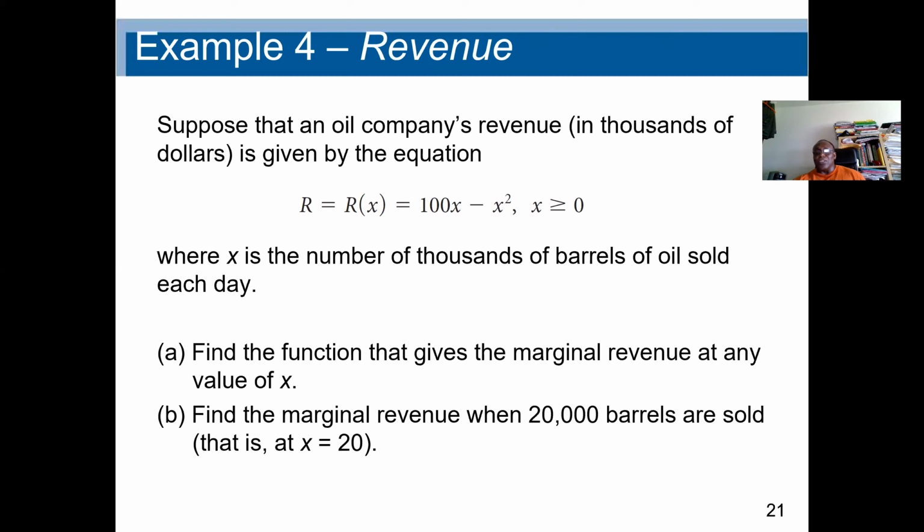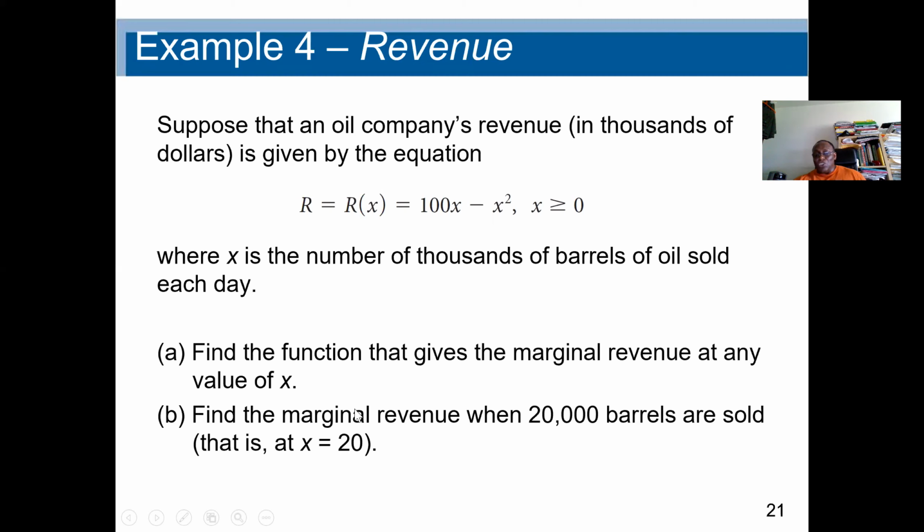So we have to find the derivative. Next lecture, if I'm finding the derivative of this function, I'll use the power rule here and multiplication. So the answer will be 100 minus 2x. But we can plug these values into the limiting process formula of f of x plus h minus f of x divided by h, and we get the same answer.